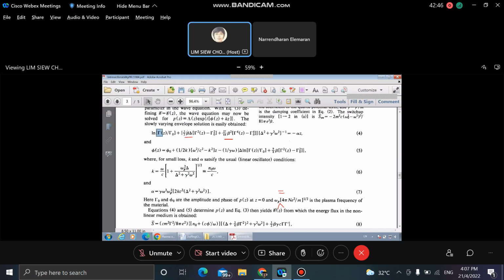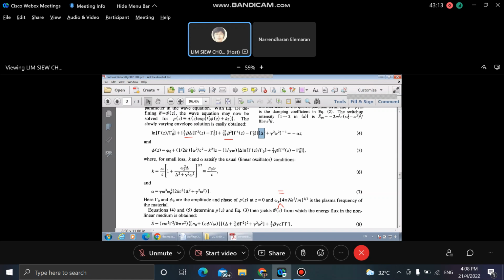This is gamma in terms of all of these, and alpha comes from here. Your delta comes from above somewhere. There are many terms here, so you take the exponent, then you can find it.